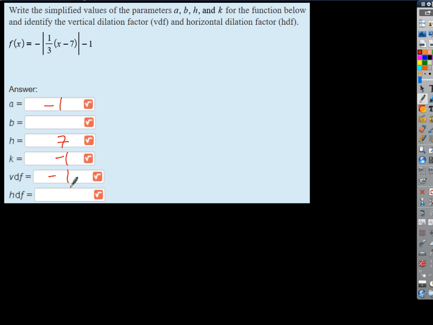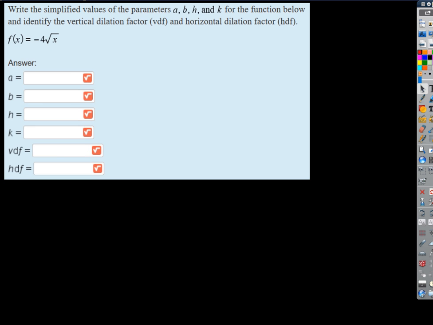What's b? Negative 1/3. No, just plain old 1/3. There's my b, right there. And so that makes the horizontal dilation factor 3. So we're stretching by a factor of 3 horizontally. Okay? Good? All right.